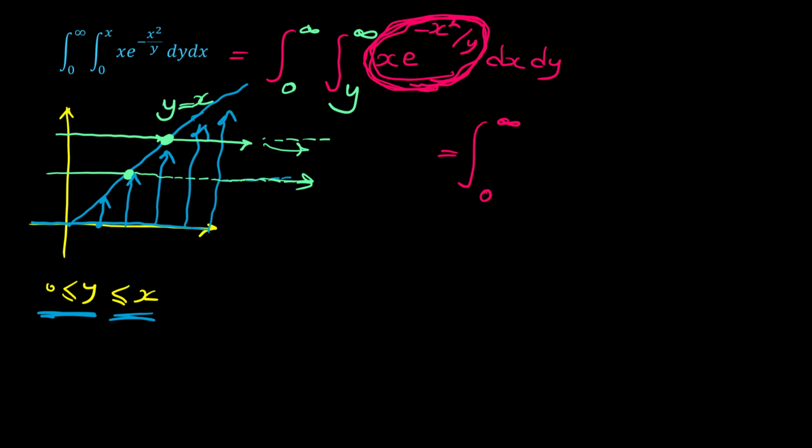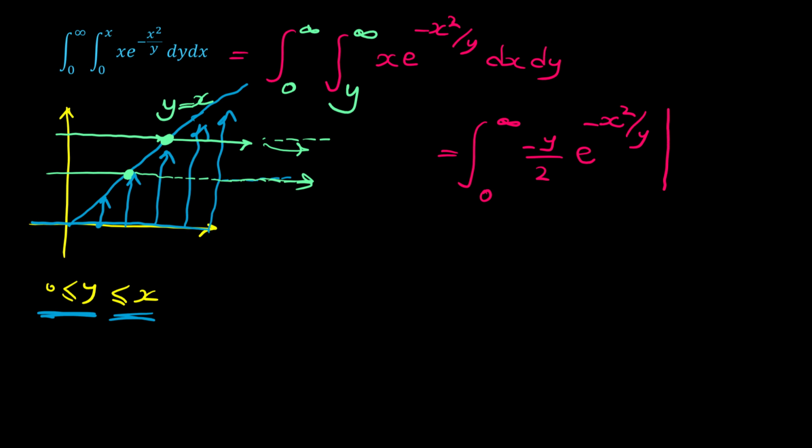For now, suppose we know this integral. If we use a u substitution, the answer is negative y over 2 e to the power of negative x squared over y, all of this from y to infinity, dy.